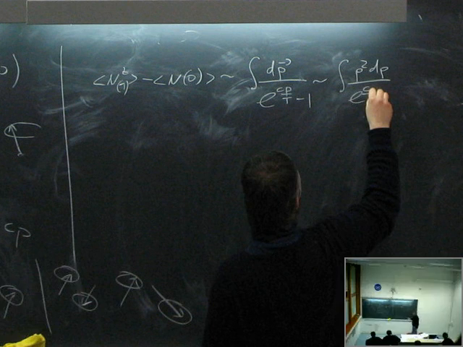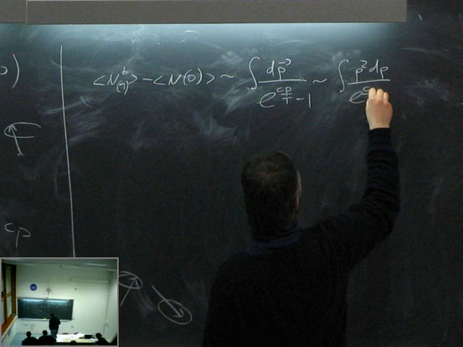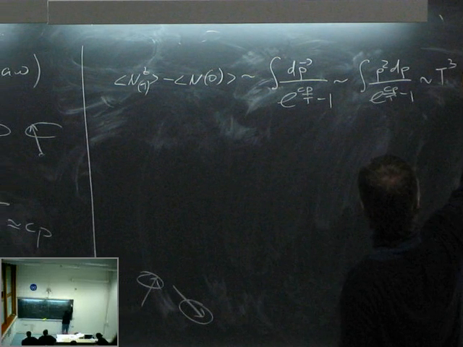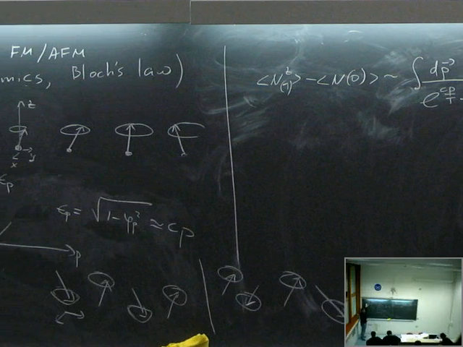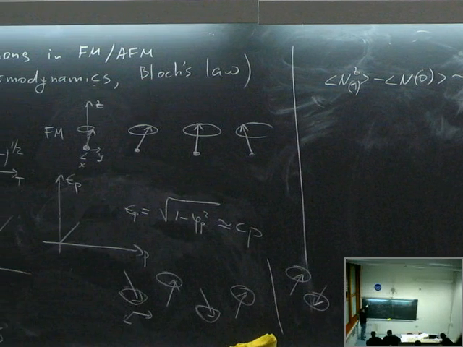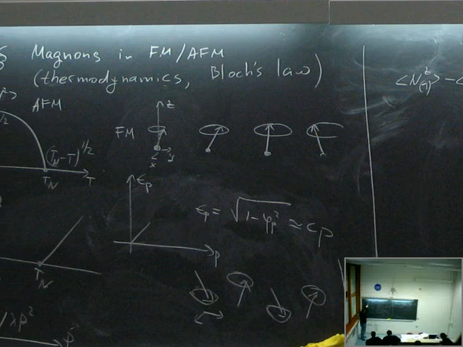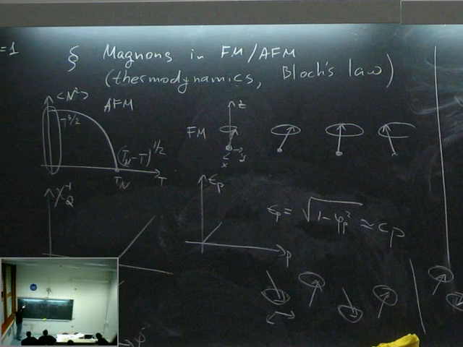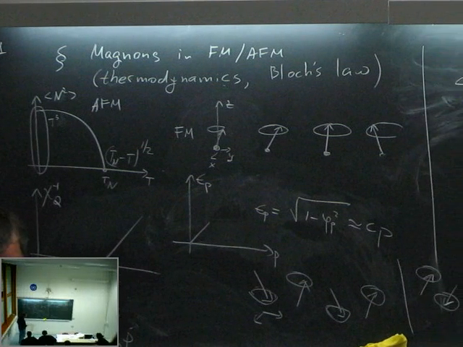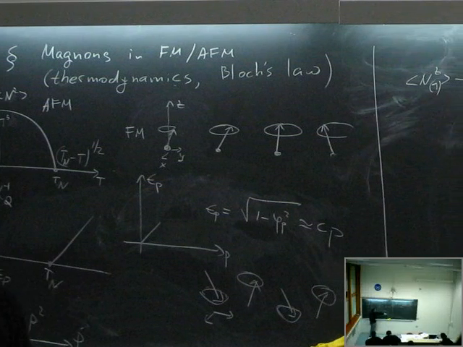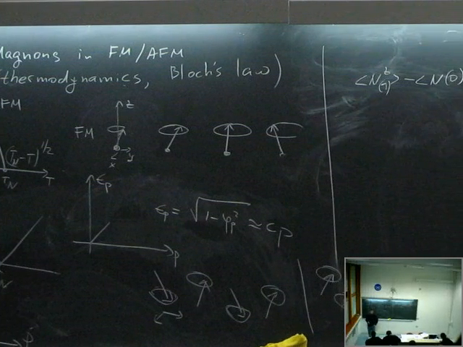When I take it dimensionless, each power of p is proportional to temperature, therefore it's T cubed times some constant. So you see the deviation of the staggered magnetization curve from its value at zero temperature is not temperature to the power 3/2, but temperature squared, just because your spectrum contains one power of momentum less.